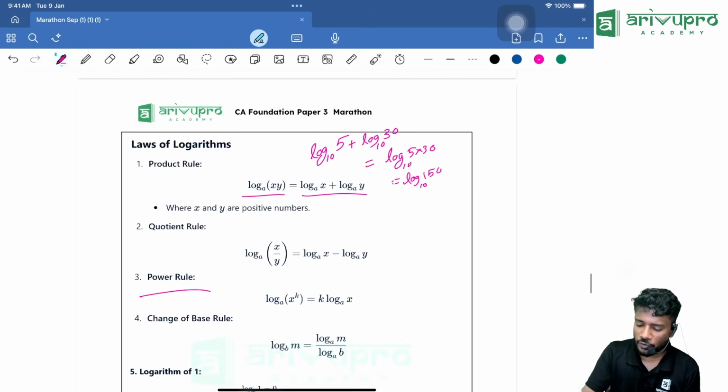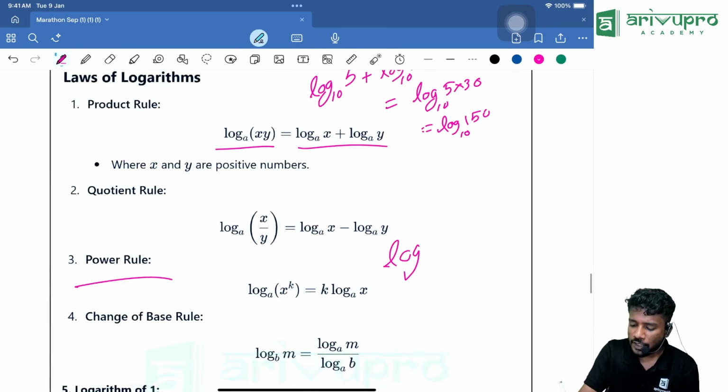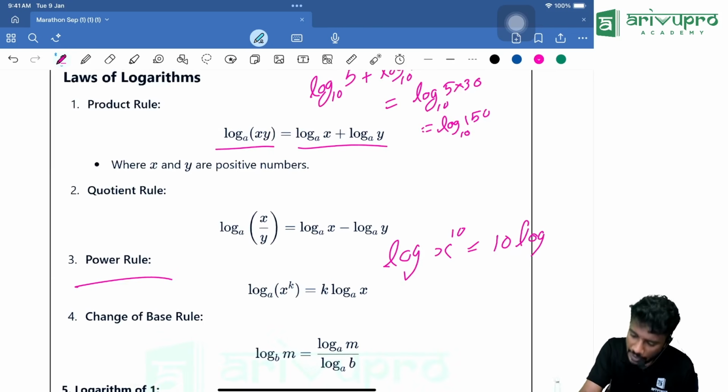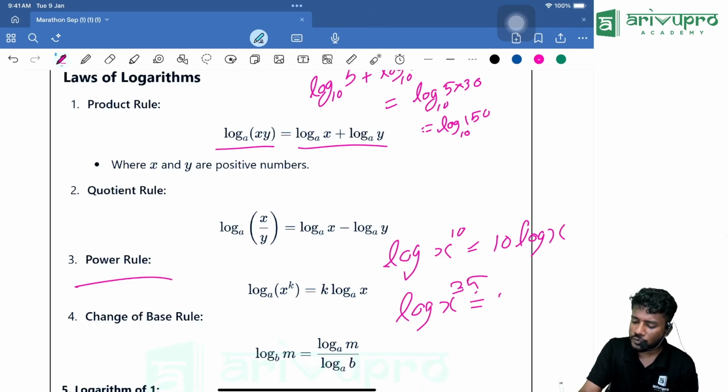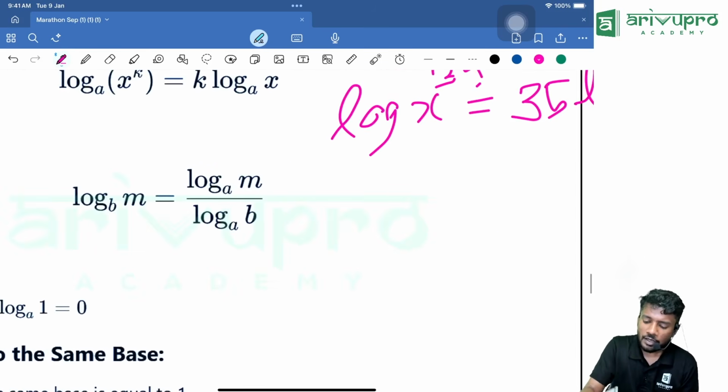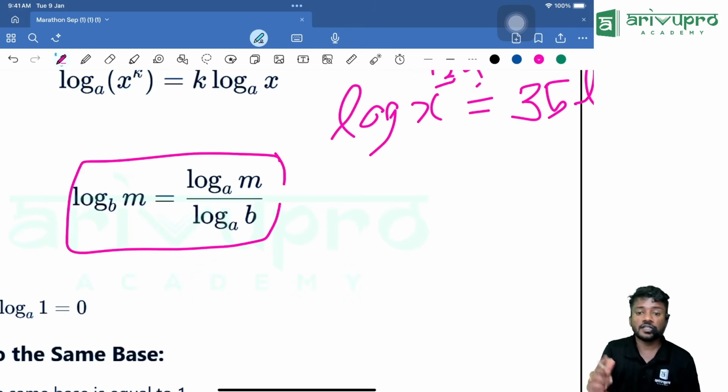Similarly, power rule of logarithm, log of x raised to 10 can be written as what? 10 log x. Log of x raised to 35 can be written as what? 35 log x. Then another important property, whenever the bases are not the same, we will use this property.